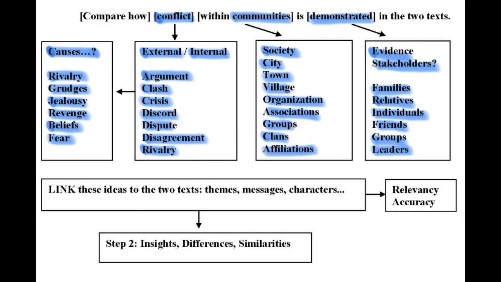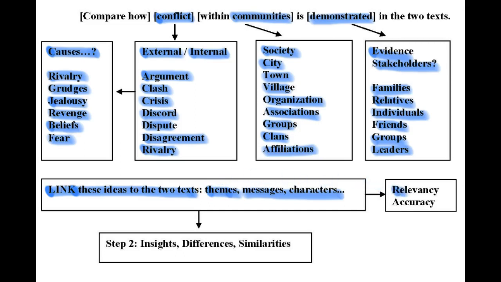Okay, so after we've done that step and we've got some good synonyms, we've started to brainstorm and think about the context of the prompt in terms of the text, then we come to the idea of linking these ideas to the 2 texts. That's when we start to think about the themes, the messages, and so on, and how these key words and ideas relate to the text that we're looking at.